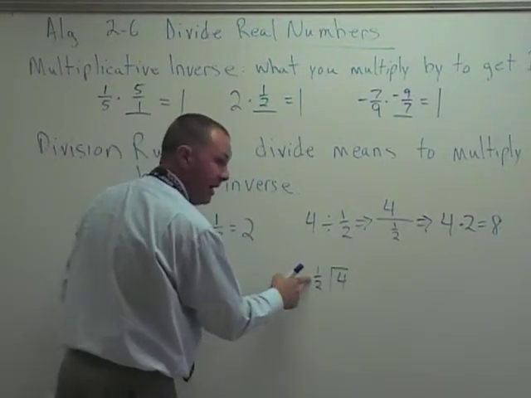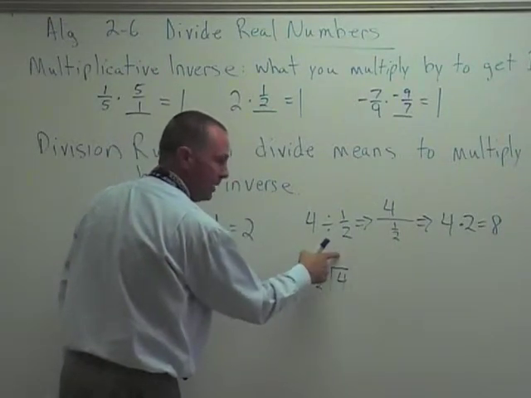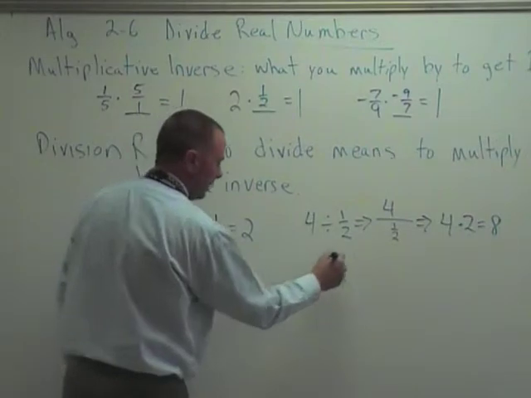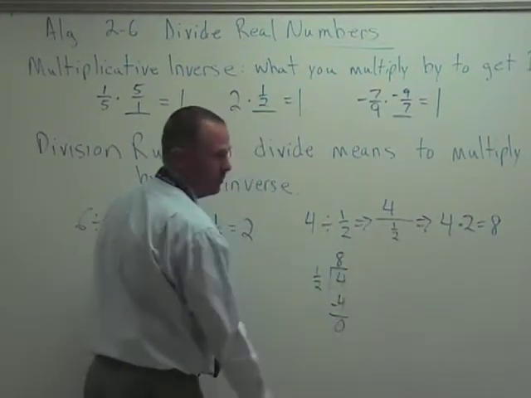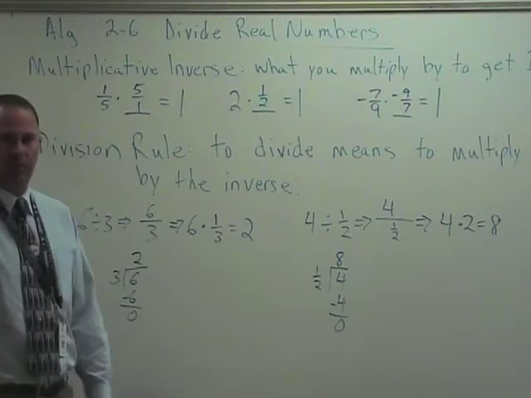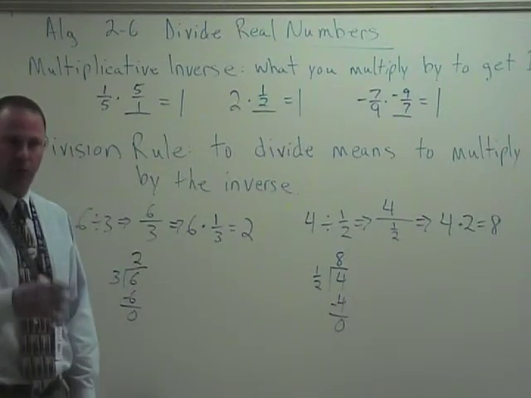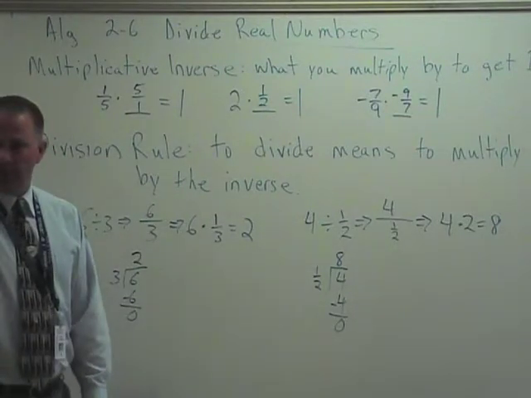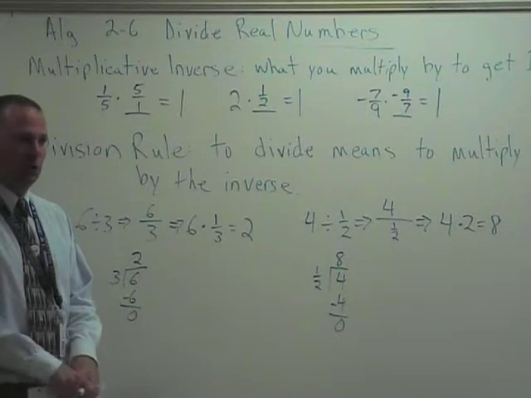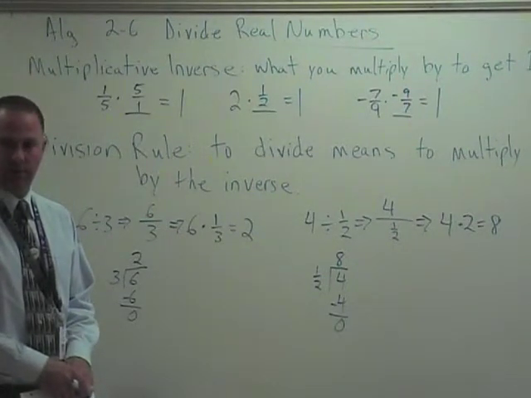What times 1/2 gives me 4? Half of something will give me 4. 8. That's right. So that works. That's how we look at numbers in your head, and you do it quickly. You're not going to be asked to do all of this. It's just making sure you understand what division really is and what inverses are. Got it?